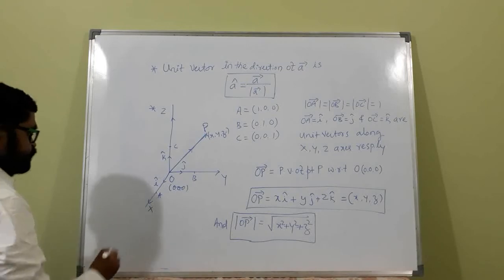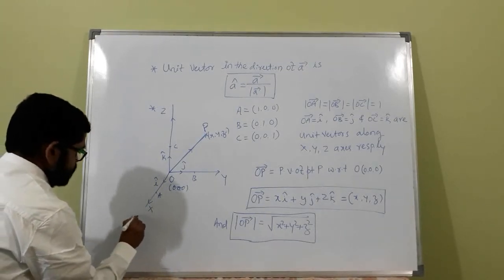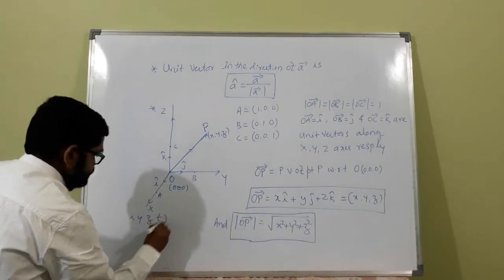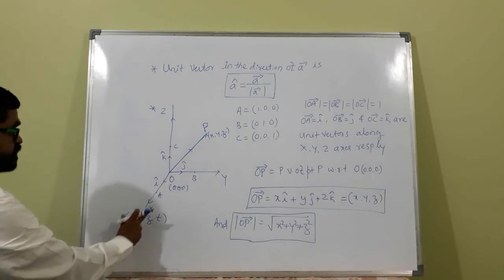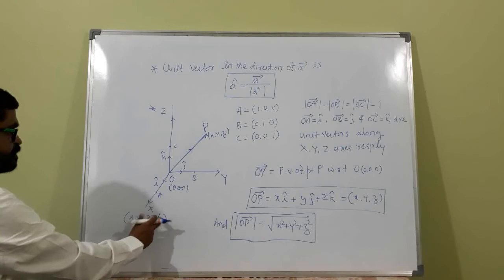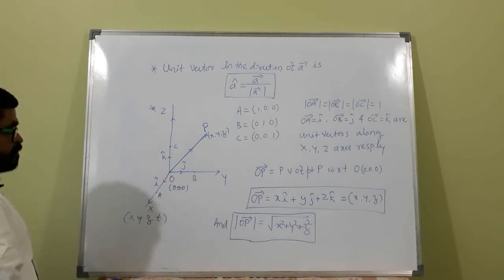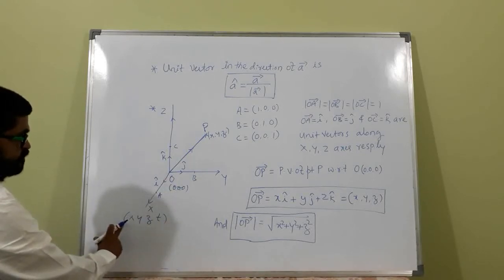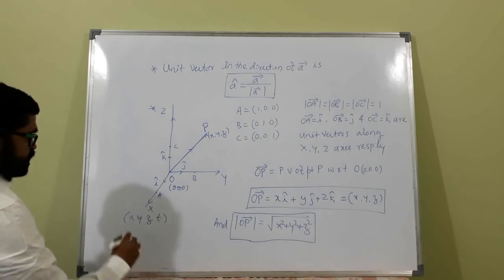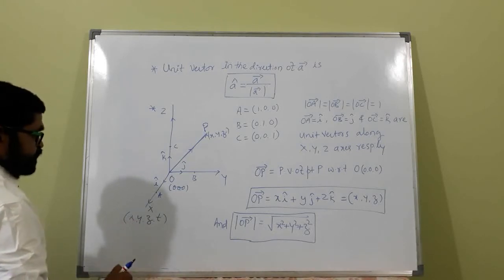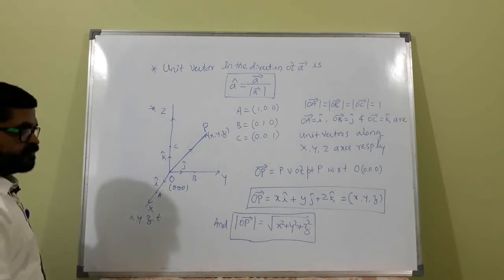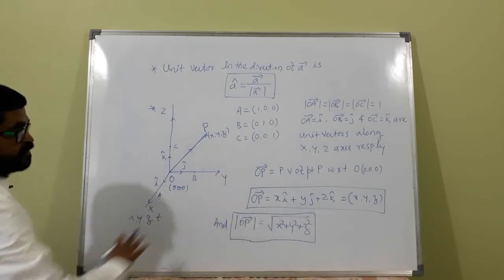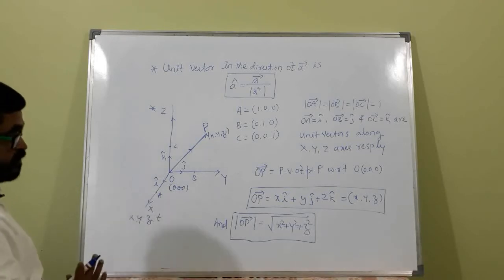Suppose it is in 4-dimensional space, (x, y, z, t), meaning xi plus yj plus zk plus t times something else. But you have to put the bracket. If you don't put the bracket and simply put the commas here, this implies scalars. If you put the bracket, then that denotes a vector quantity.